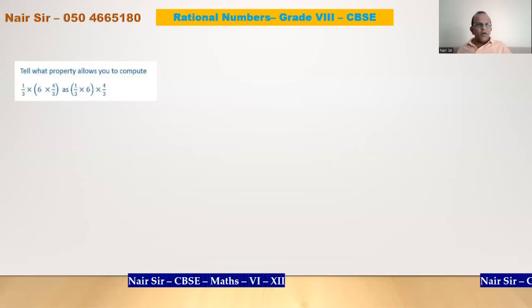Now we have got a question. Tell what property allows you to compute. There are some numbers given. Whenever you are getting a question, the first and foremost thing you need to do is decode the question.